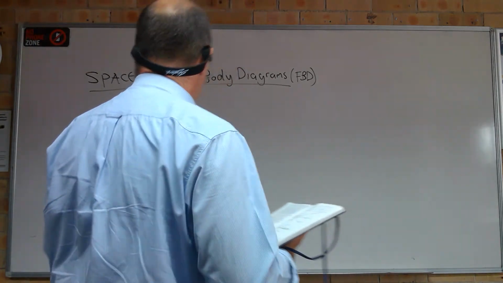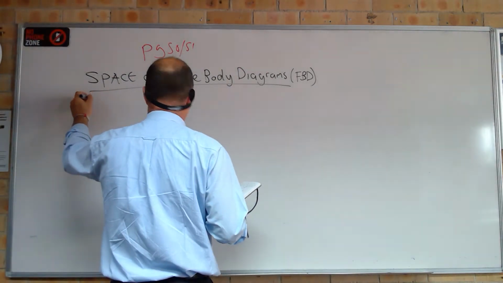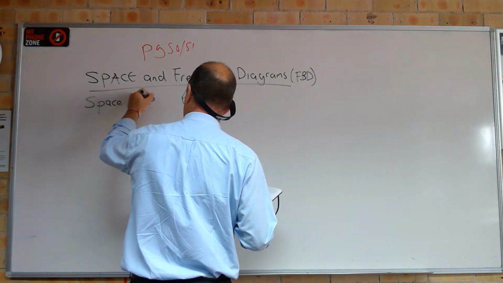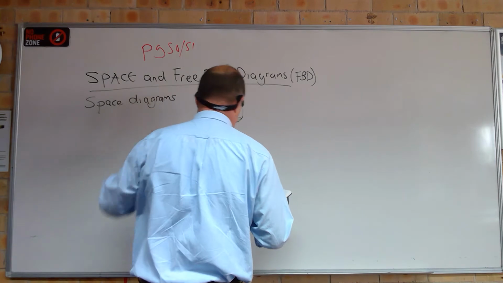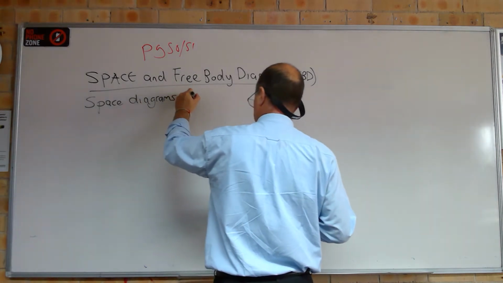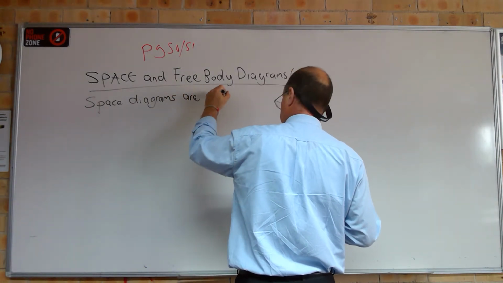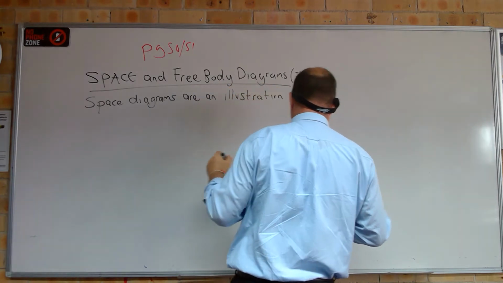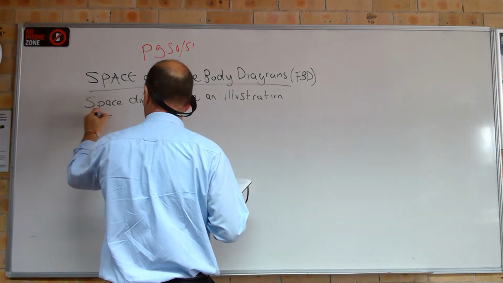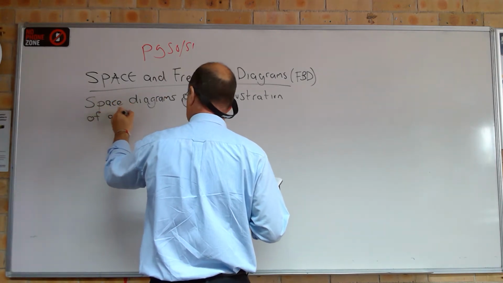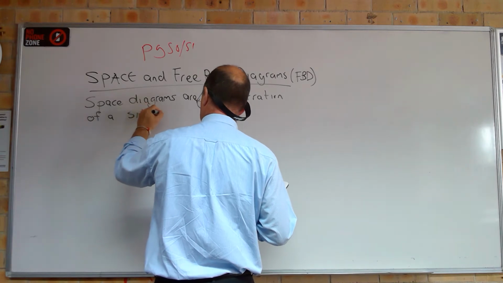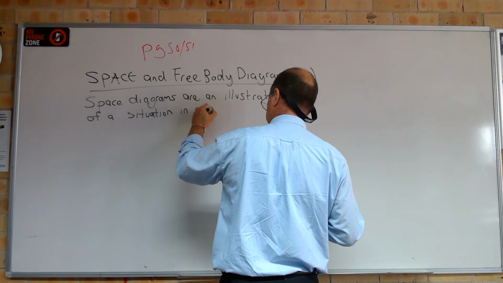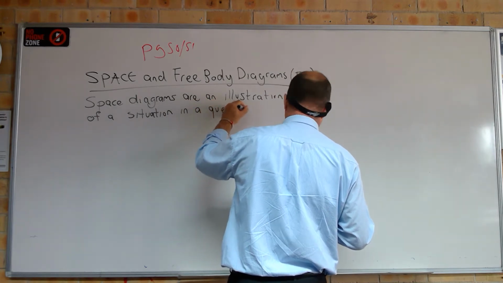So let's just write up these definitions. Space diagrams, if not pictures of Mars, are an illustration, a fancy way of saying a picture, of a situation in a question. So you might get these in a question in an exam.